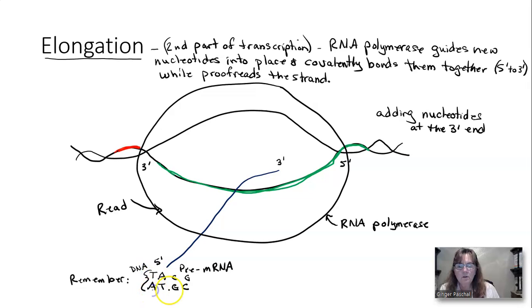If we were going to use this DNA to transcribe, we would have U, A, C, and G. This would be the mRNA. Okay, that's what that would be.